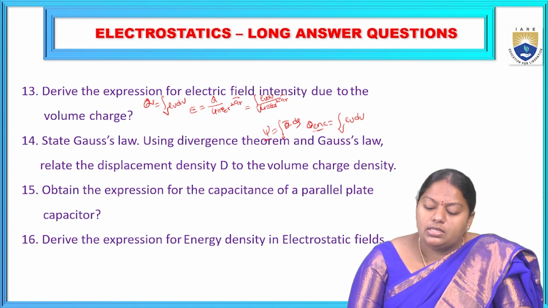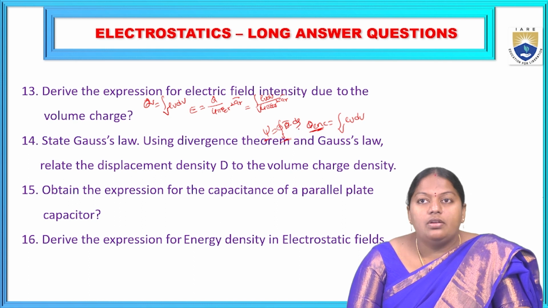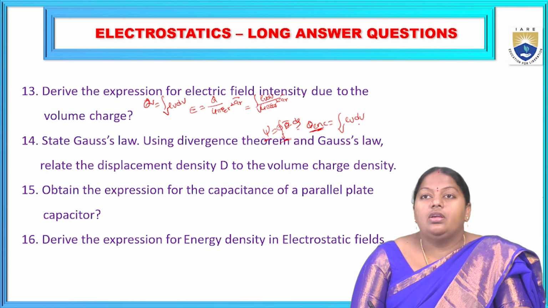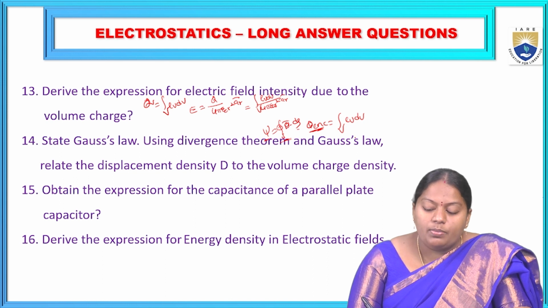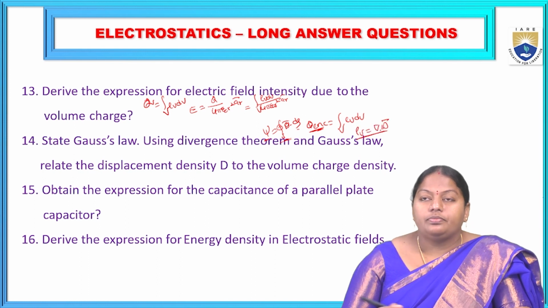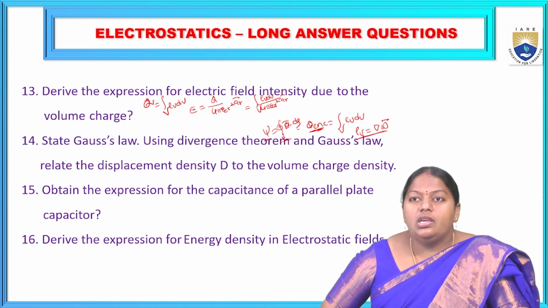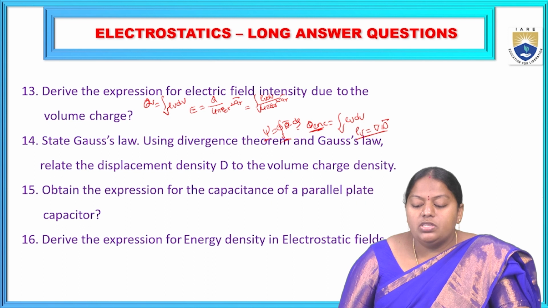So psi is equal to Q enclosed, and if you equate those two, the closed surface integral of D dot dS is equal to integral over V of rho V dV. By applying the divergence theorem to Gauss law, it becomes rho V equals del dot D bar, where rho V is the volume charge density and del dot D bar is the divergence of the electric flux density.